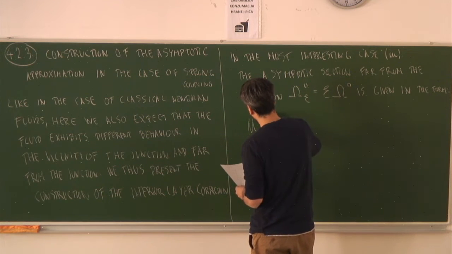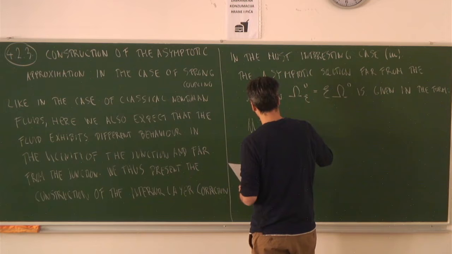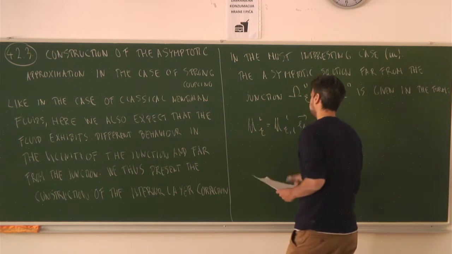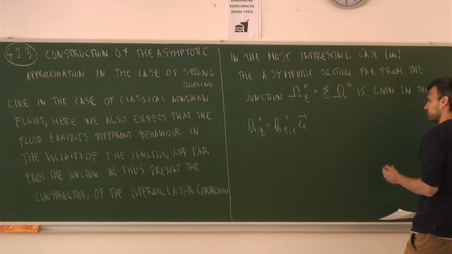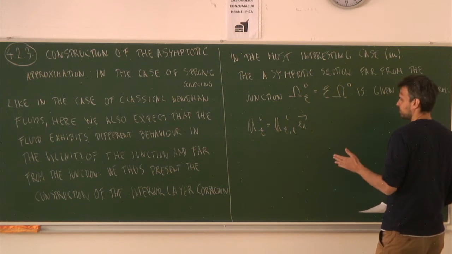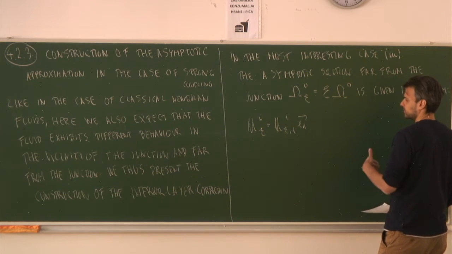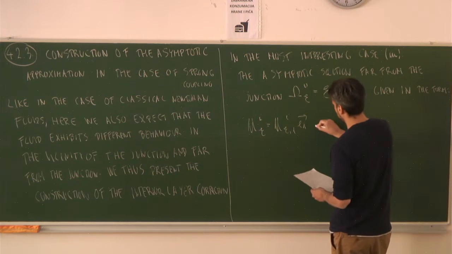So you have u epsilon i given as u epsilon 1 i E1. This is to be expected, but for this to make sense, the micropolar components that need to be non-trivial are the second and the third one, while the first one is trivial.